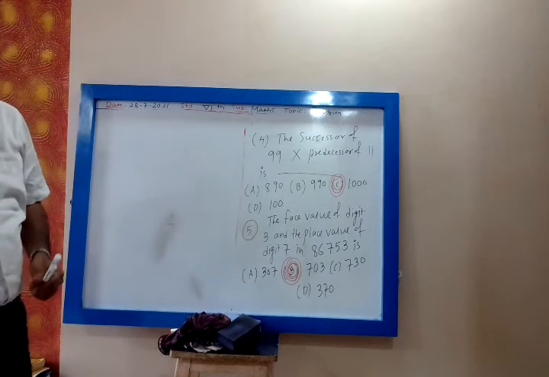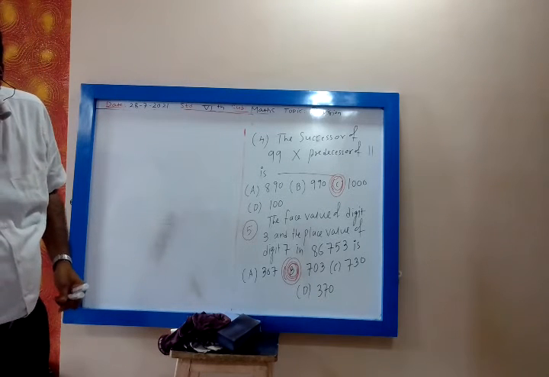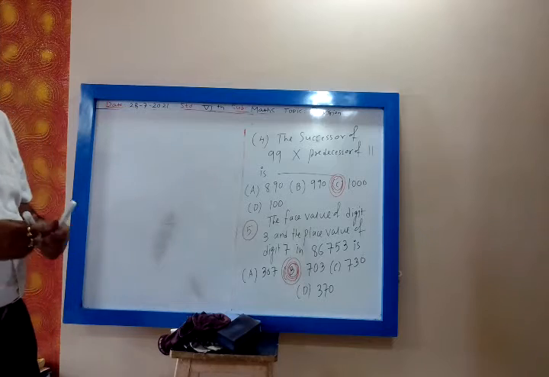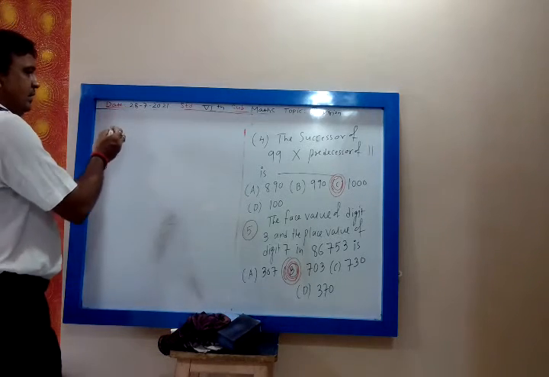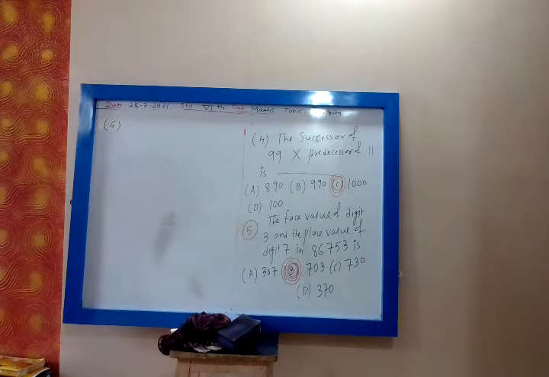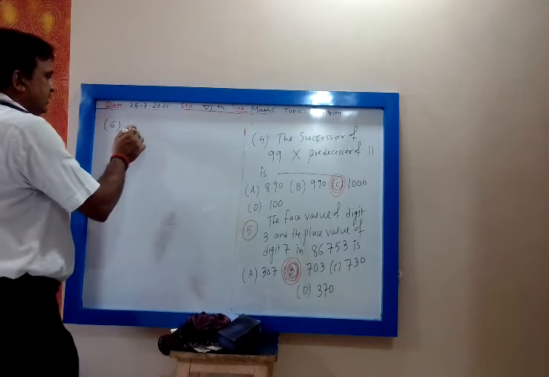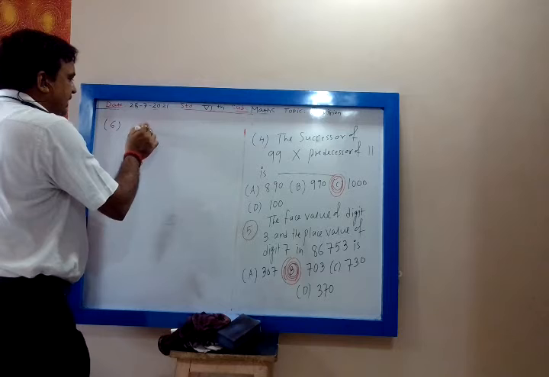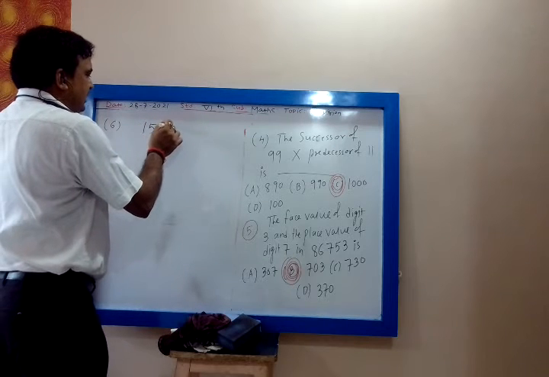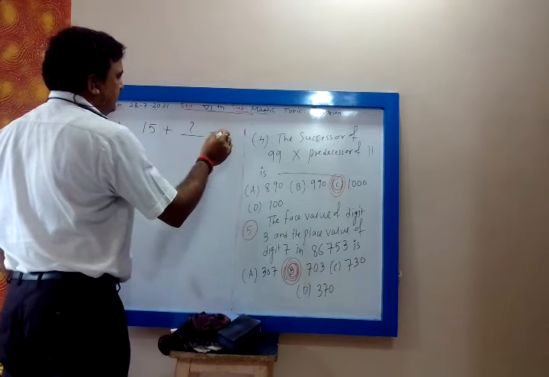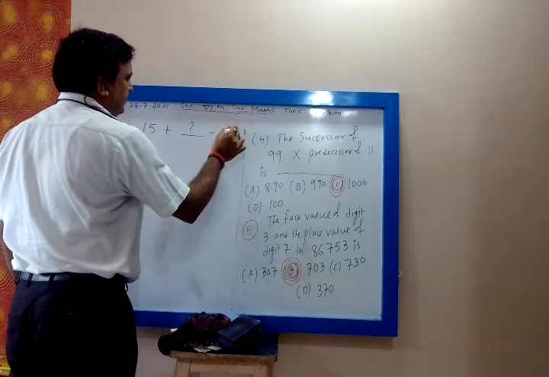Yes, 6B roll number 13, what do you want to say? Okay, chalo, fine. Now the sixth one. 15 plus dash is equal to minus 12.